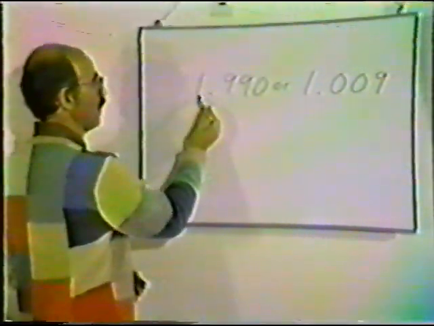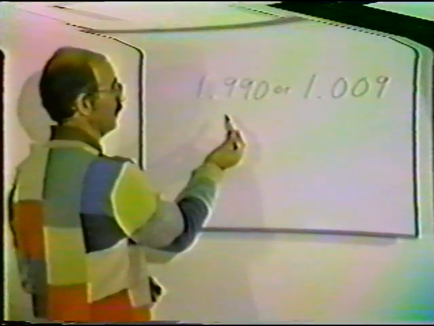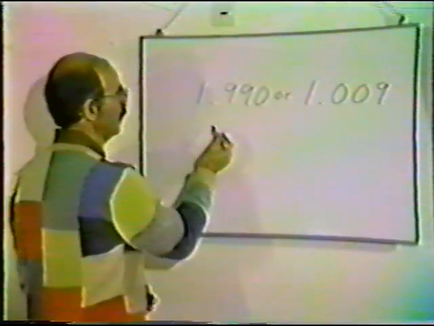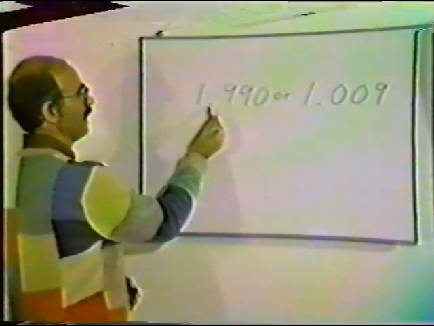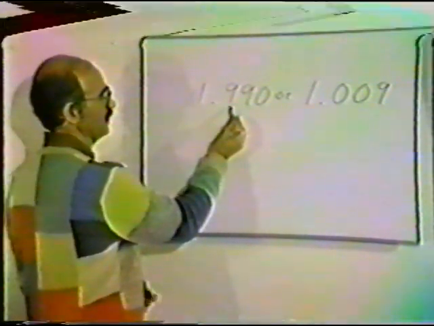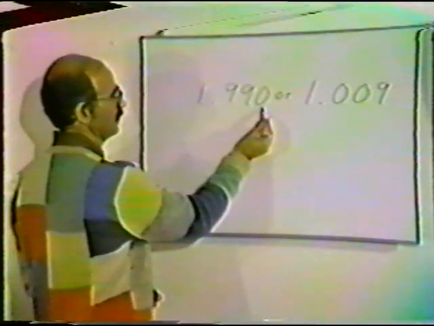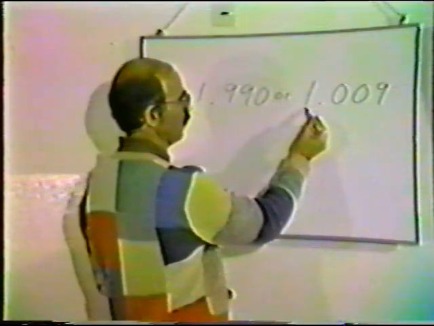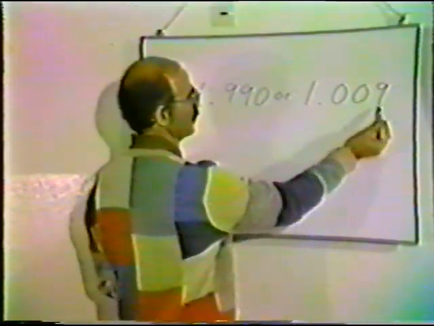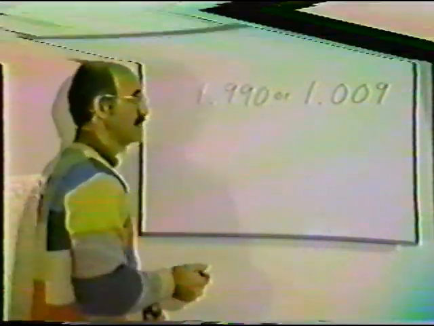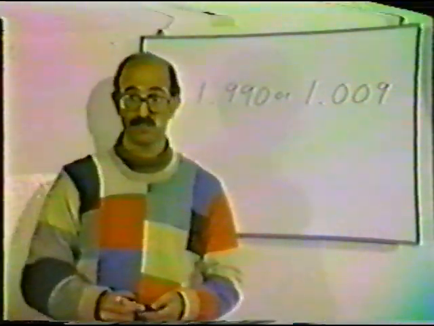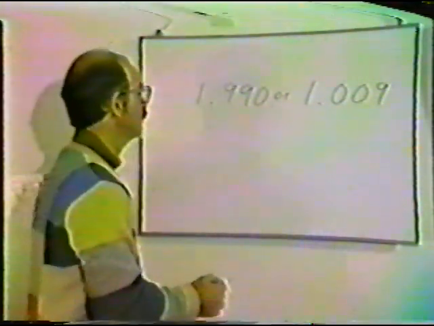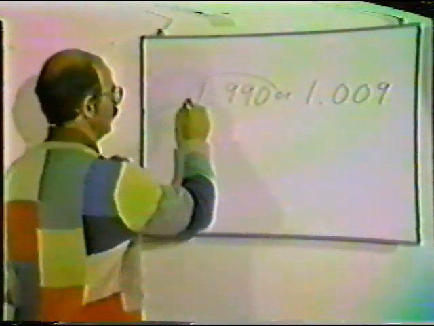They are both 1 and something, so we'll have to see which something is larger. This is 1 and, read the rest of it. 990 thousandths. Yes. And this is 1 and 9 thousandths. Yes, well, 990 thousandths is a lot bigger than just 9 thousandths. So you were all correct.